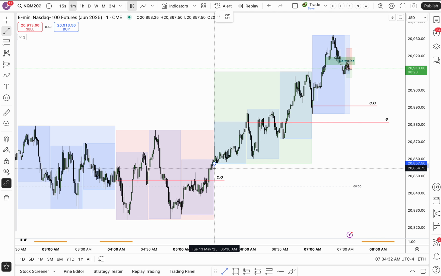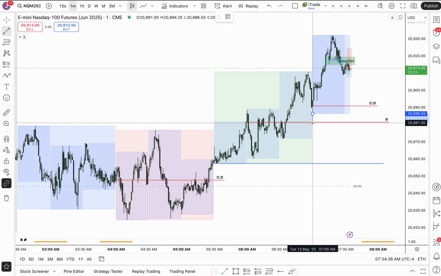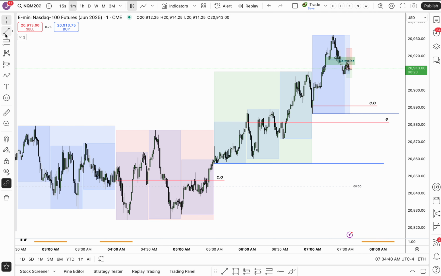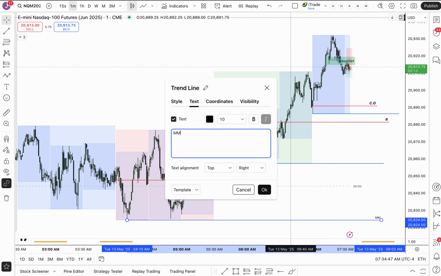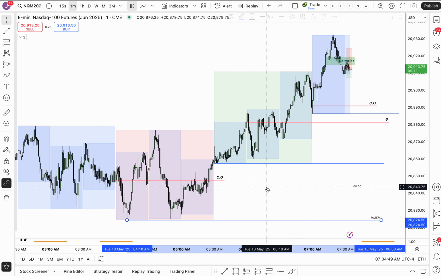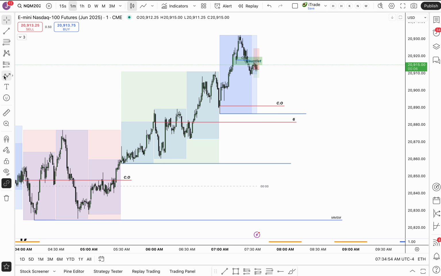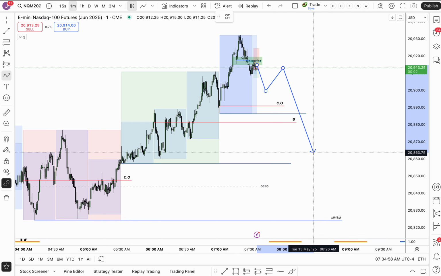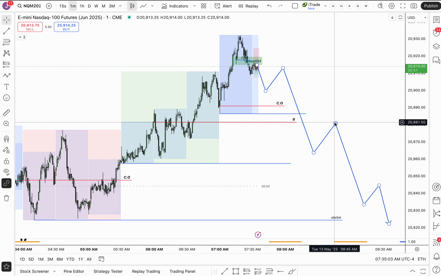I would target this, obviously cycle open, 6 a.m. open are important, and then ultimately this would be the completion of the model. Okay, so right there, that's what you're looking for.